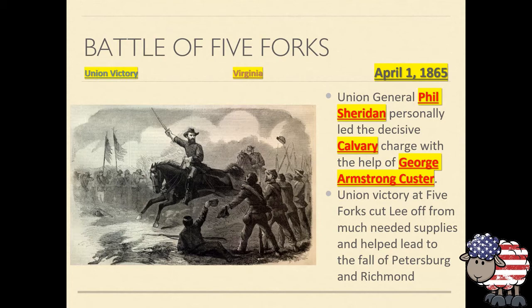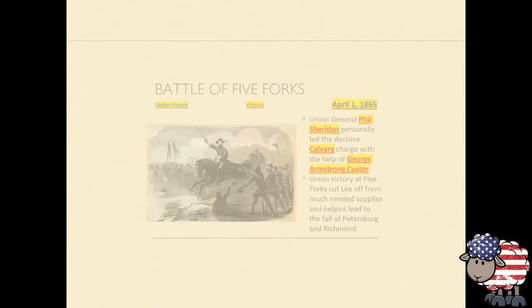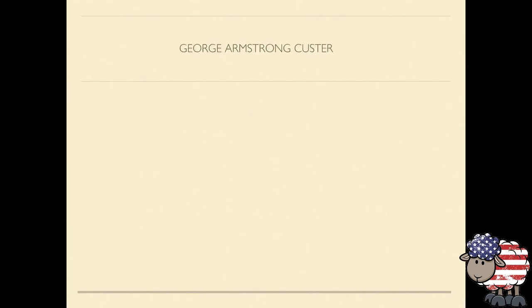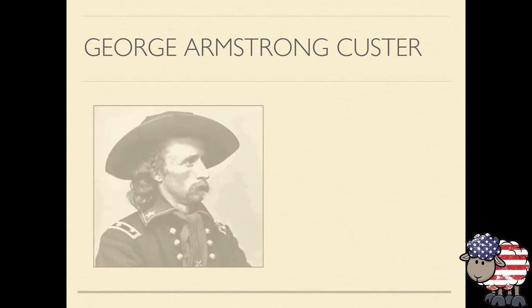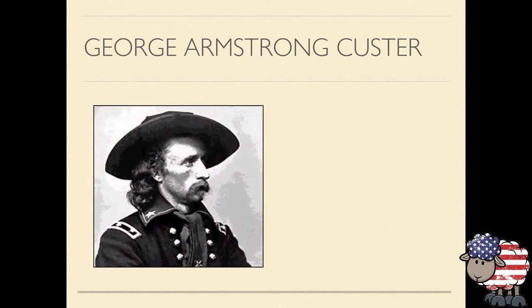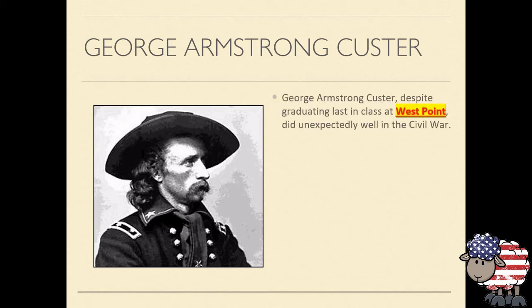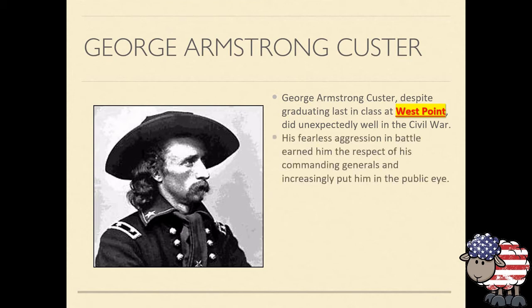You have another person who's going to play a significant role later on with the fighting in the West after the Civil War. There's a picture of George Armstrong Custer. Despite graduating last in his class at West Point, he did unexpectedly well during the Civil War. His fearless aggression earned respect among commanding generals, putting him increasingly in the public eye.